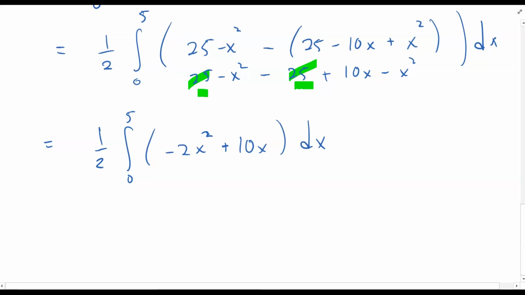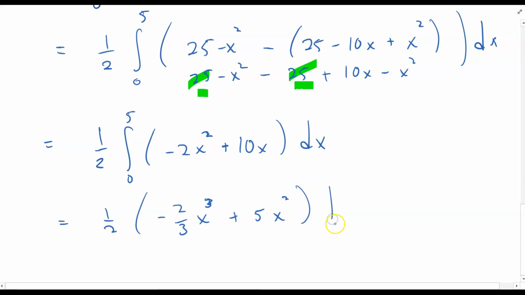All right, so we know how to handle these. So just antiderivative, applying the fundamental theorem of calculus again. So antiderivative here, we're going to get minus 2/3 x to the 3rd power, increasing the power by 1, or by 1 to 3, dividing by that new power, and then we would get 1/2 x squared, but the 1/2 times 10 will give us 5x squared.